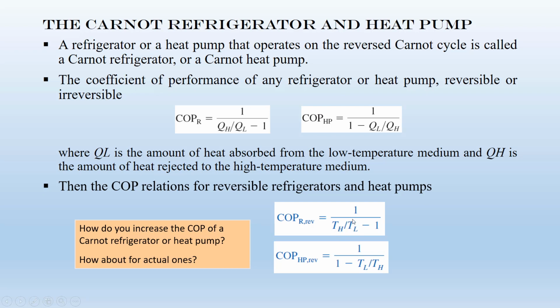If you increase the TL, this term decreases and approaches 1, and then this term decreases, correct? And then eventually the COP increases. So the higher TL means the higher COP for the refrigerator. The same trend you can show for the COP of the heat pump.